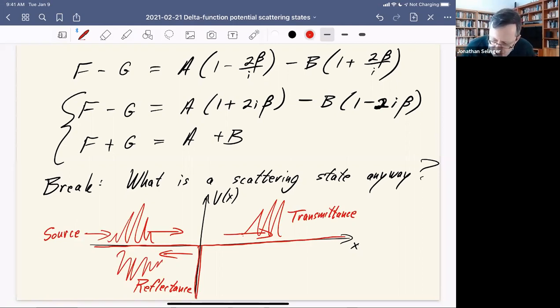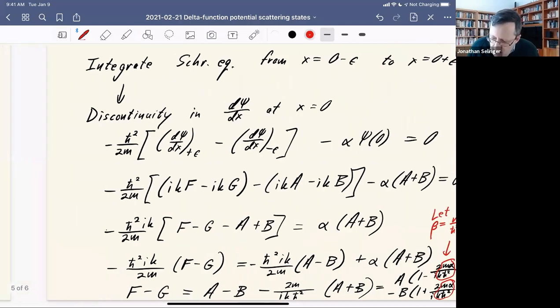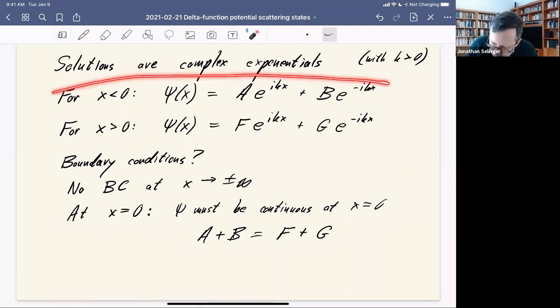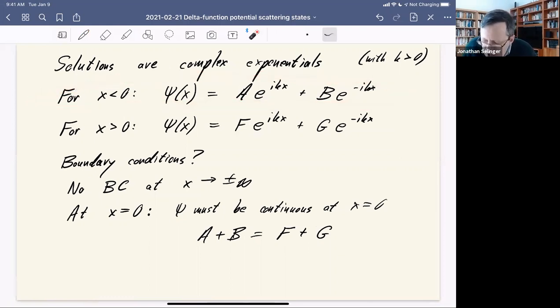So let's try to think about that in terms of these four coefficients, A, B, F, and G. On the left side, that is negative x, we have this combination of waves. There is a wave moving to the right and a wave moving to the left.